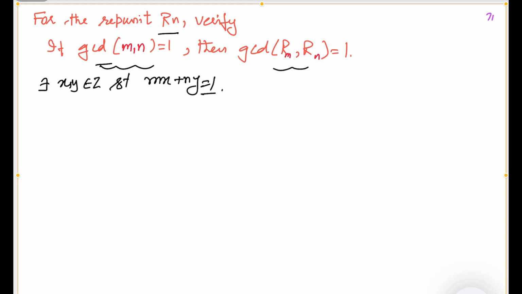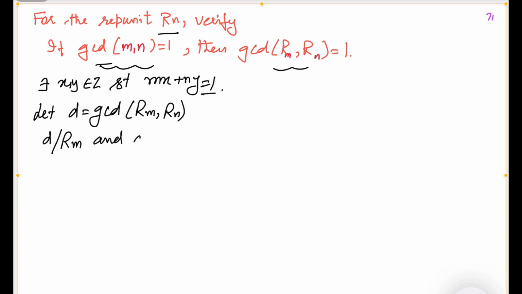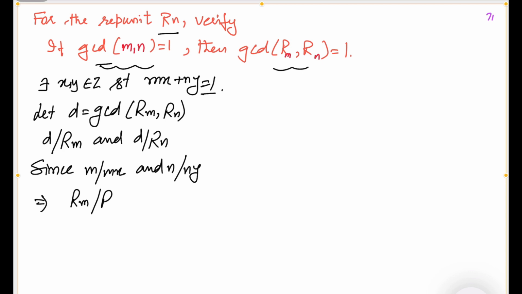So by definition of GCD, there exist x and y belonging to Z such that mx plus ny equals 1. Now let d be the GCD of Rm and Rn. So by definition of GCD, d divides Rm and d divides Rn. Since m divides mx and n divides ny, from the previous result we can write Rm will divide R(mx) and Rn will divide R(ny).